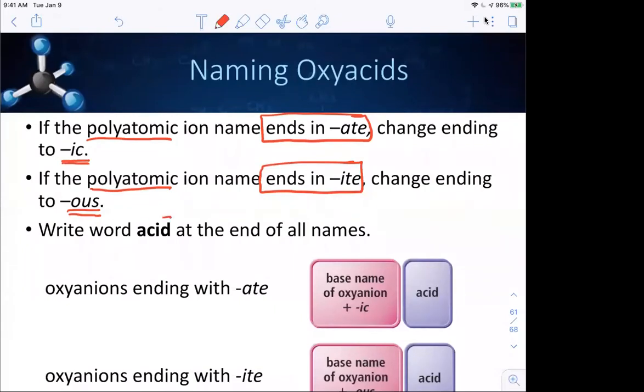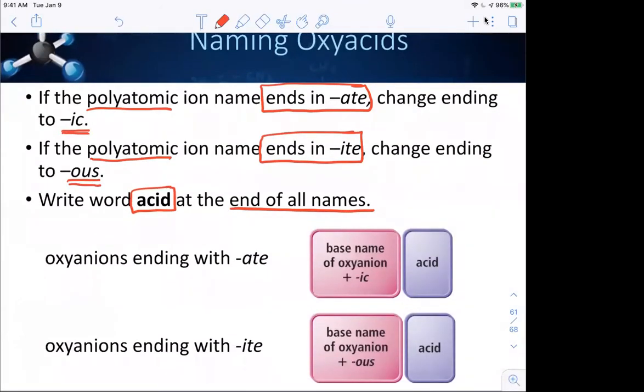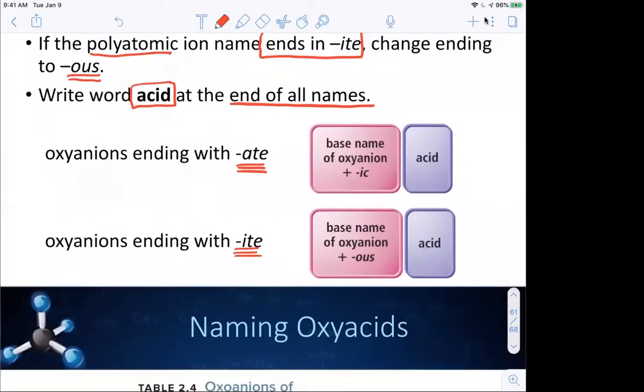And then I write the word acid at the end of all the names. So if I end with ate, it's base name of oxyanion plus ic, acid. If I end with ite, it's base name of the oxyanion plus us, acid.